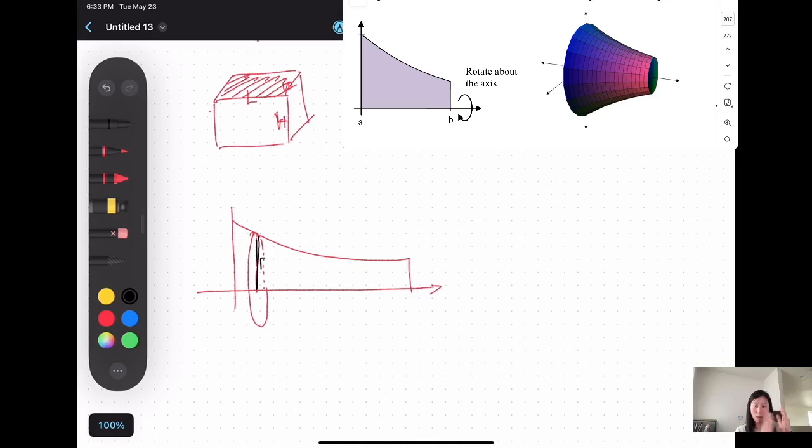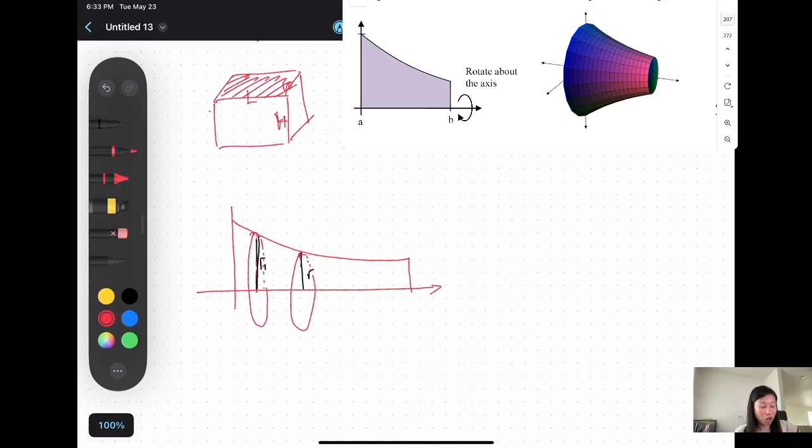And now there are multiples of this circle. Sometimes this is R1, and then I have another R here, R2. Each of these R comes from the curve, right? It's going to be the y-value of the curve, and there are multiple of these circles. When they stack together, they're going to form this solid.